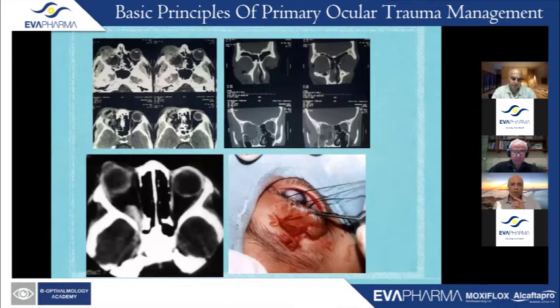So the patient has a very small wound, but there is a foreign body inside. As you can see, this foreign body is outside of the eyelid here. So you have to examine the CT properly to see if there are any associated foreign bodies, because if these foreign bodies are neglected, you will get a fistula and you will get orbital infection, orbital abscess, and so on.